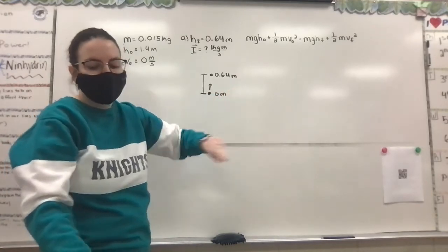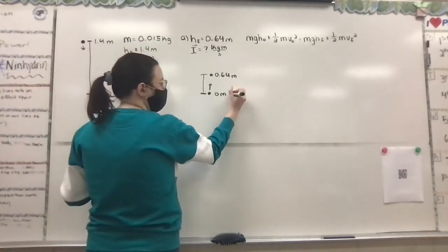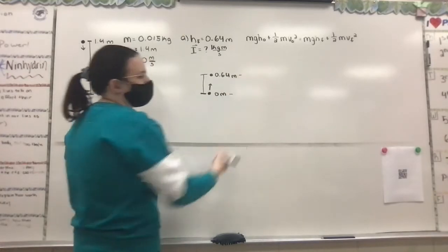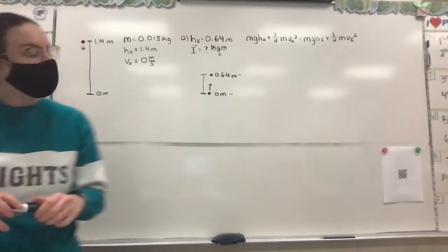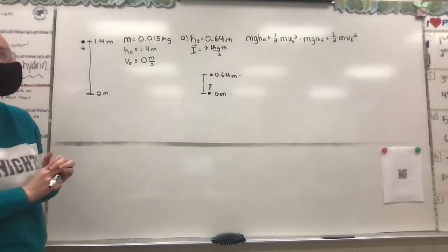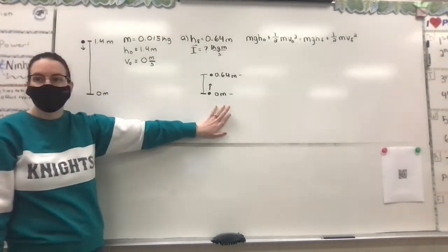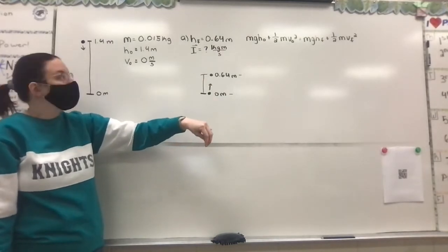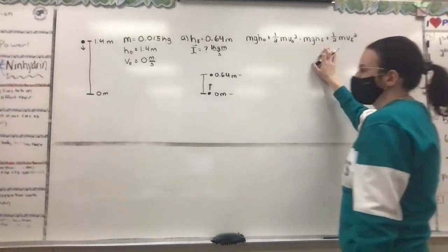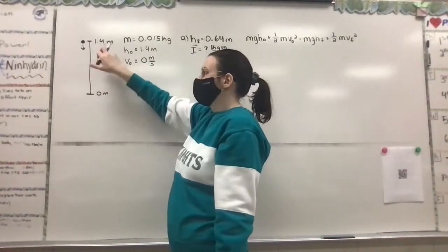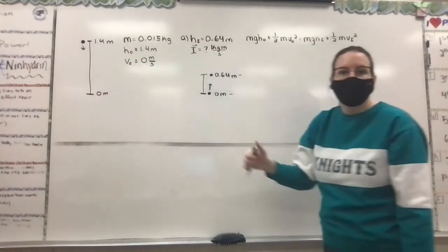We need to maybe figure out what our velocity is at the bottom here and what our velocity is right here. Just for some good measure, okay, you guys? So if we want to first find out our velocity at the bottom when it reaches 0, as it hits the ground, right? We need to think about what our initial and finals are over here, okay? Because we're dropping from here to 0. Does everybody follow that? Yeah?